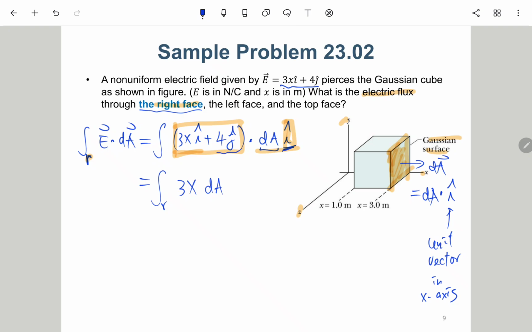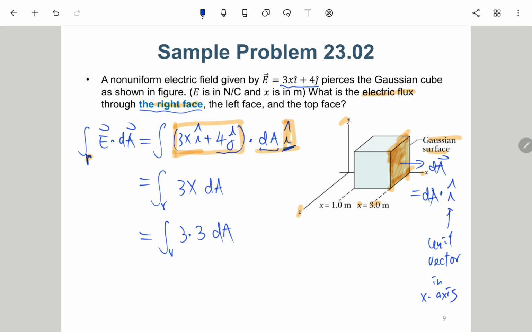For the right face, x is all the way to be 3. For this plane, x is 3. So this is nothing but 3 times 3 dA, which is 9.